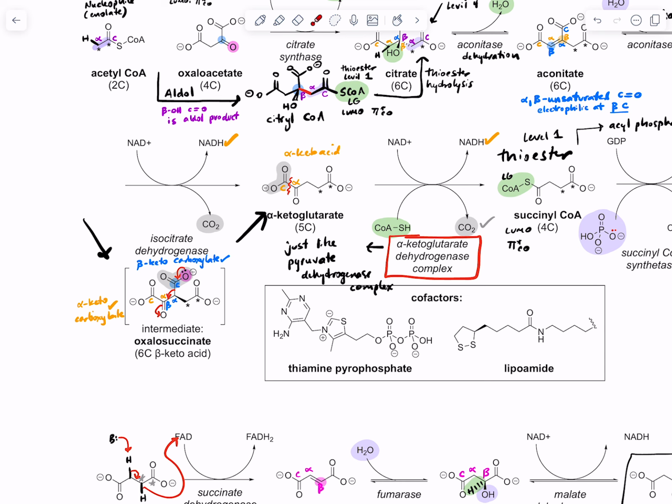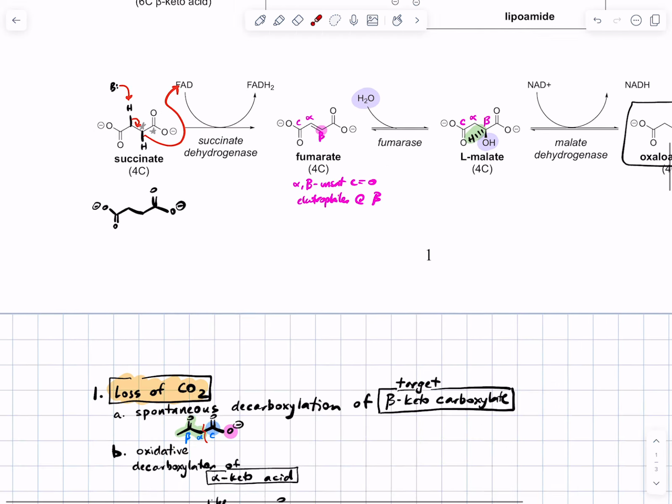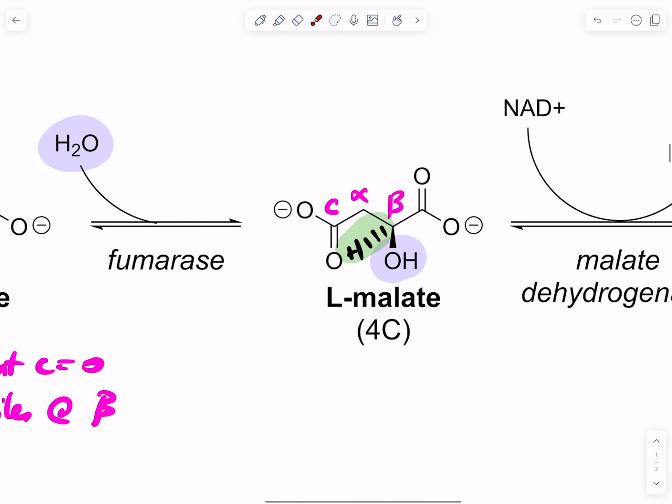No. Beta carbons are just 2 away from the carbonyl carbon. So if you're looking back down at the L-malate, could you technically also label the other carbonyl carbon and then have alpha and beta relative to that? Bingo. Yep. It's all relative.